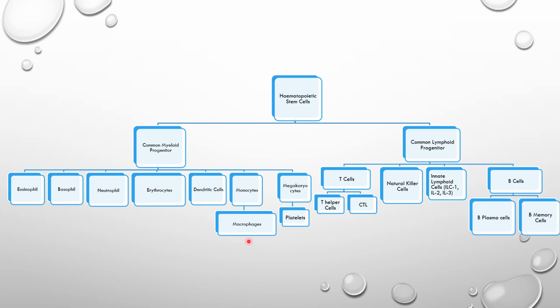macrophages here. Ordinarily macrophages are derived from monocytes, and monocytes exist in your circulatory peripheral blood, and macrophages are differentiated into your tissue.